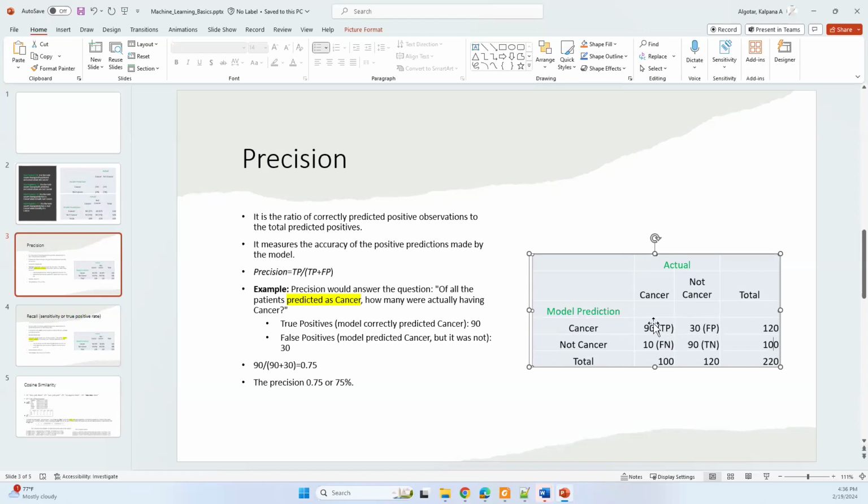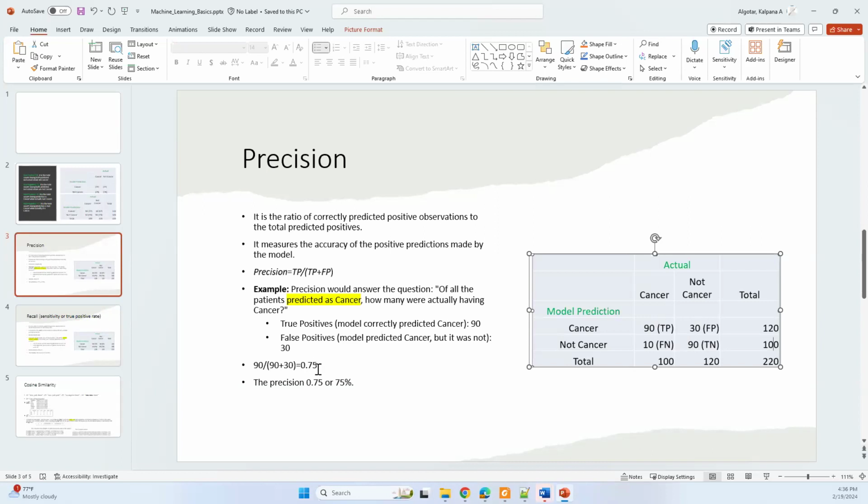So when we consider this total summation, that is true positive plus false positive, out of this total, how many are correctly predicted by the model, that is 90. So 90 divided by 120 is 0.75, and that 0.75 is nothing but 75% precision.